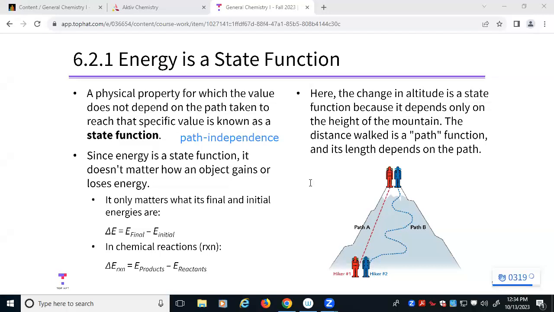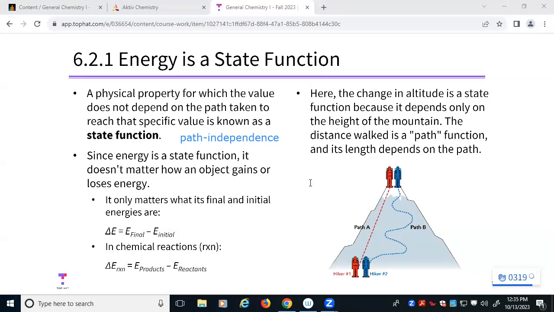One thing that we will find in chemical reactions, and this will be especially true for those of you that move on to Gen Chem 2, is that there are a lot of different reaction pathways that allow us to get from point A to point B. In thermodynamic terms, we call those mechanisms. But we can think of these in the same way as we do these paths.